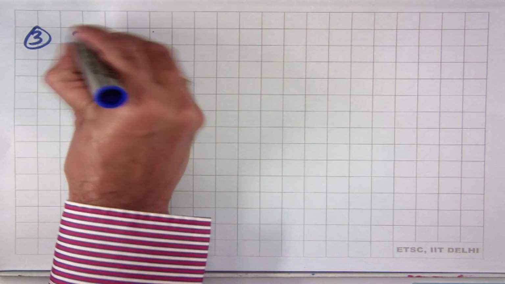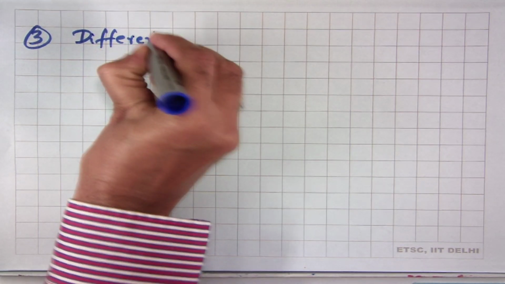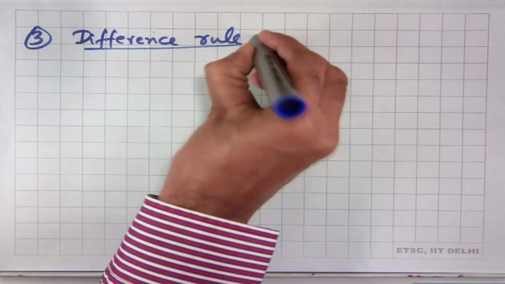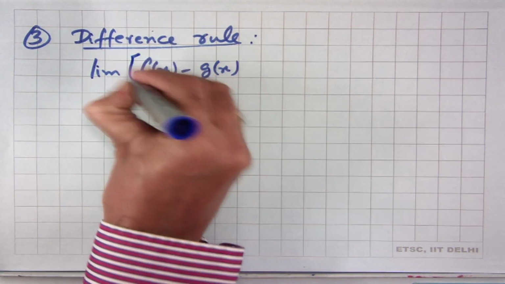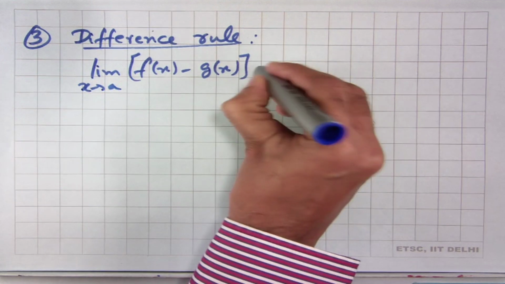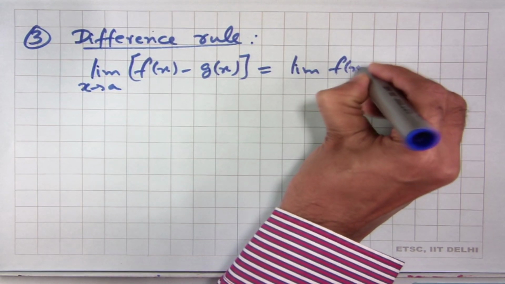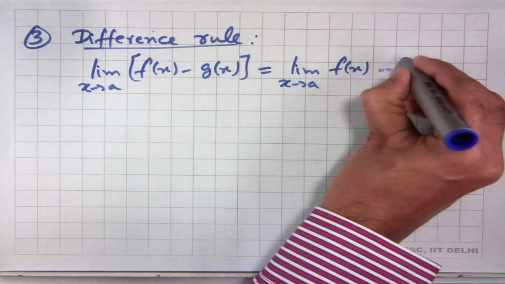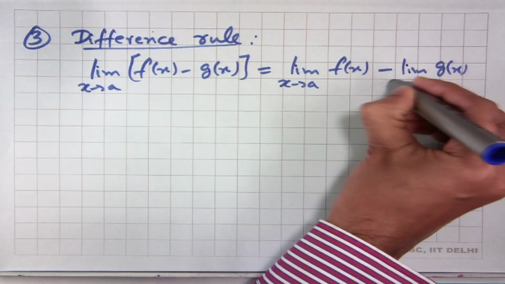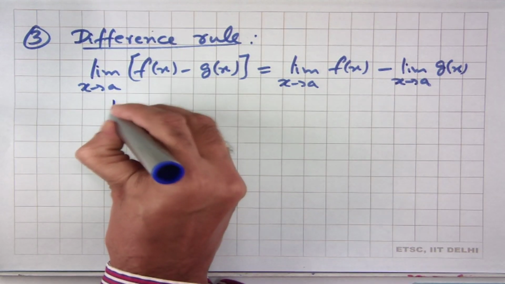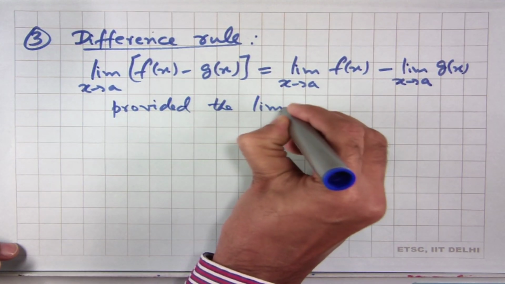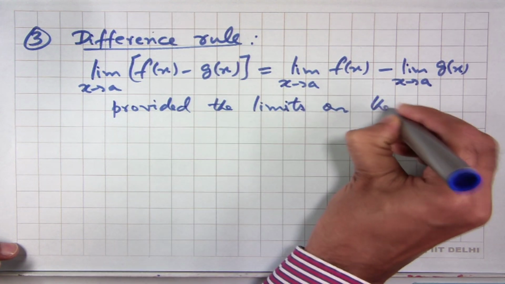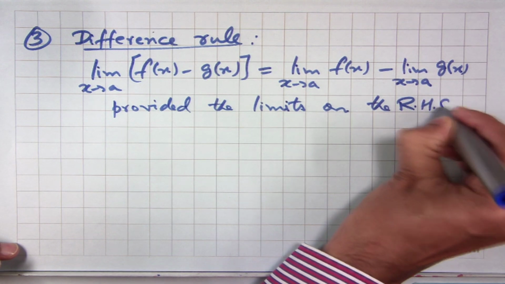And the third one is of course, just like the sum rule, if I take the difference, limit of f x minus g x is equal to limit of f x minus limit of g of x, provided the limits on the right hand side exist.